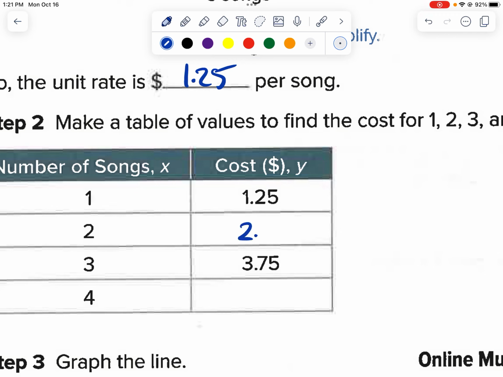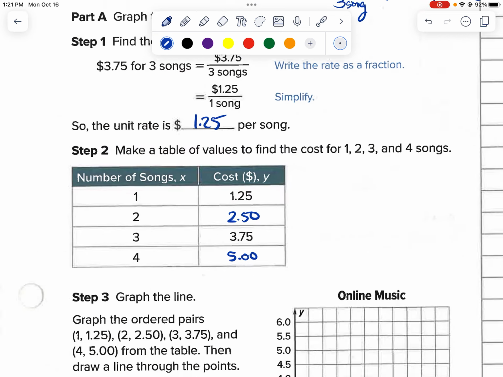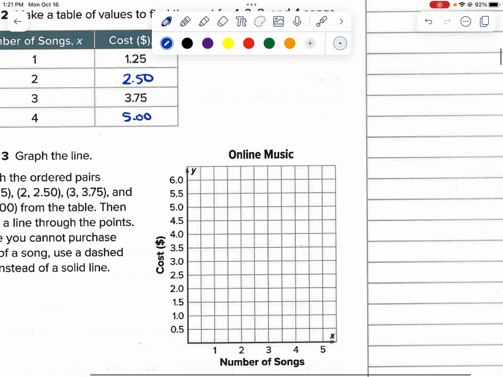So if I did 2 songs, it says $1.25 per song. 2 songs, that's $2.50. 3 songs is $3.75 because it just said that. And 4 songs is going to be $5. Okay, so 1 is $1.25, so it's halfway in between here. 2 is $2.50.